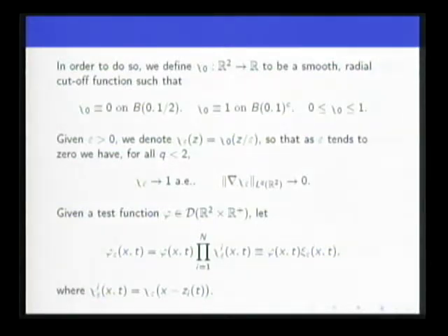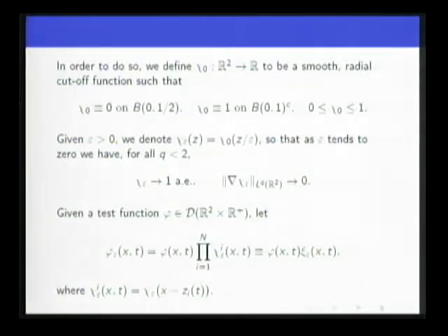Now, we're going to introduce a small parameter epsilon, and we're going to denote chi epsilon the scaling of this cutoff function, so that as epsilon tends to 0, for all q smaller than 2, we'll have that chi epsilon tends to 1 almost everywhere, and the LQ norm of the gradient of chi epsilon tends to 0.